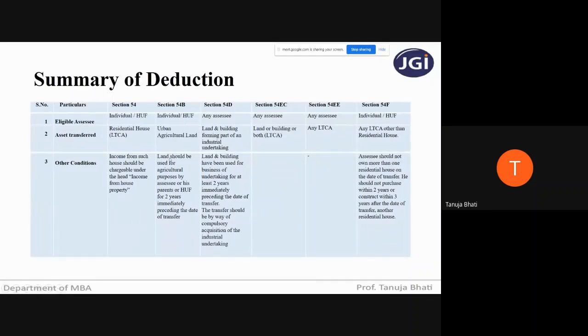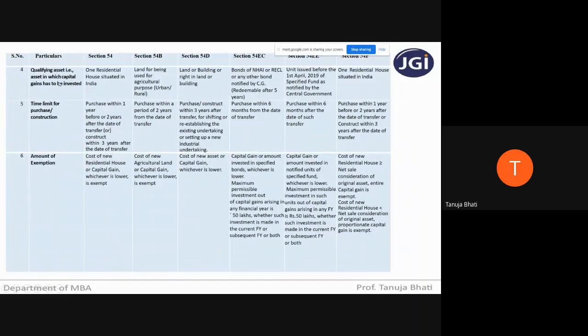A short summary I have written of all the deductions together: 54, 54B, D, EC, EE, F. Like who is eligible, what asset he is supposed to transfer, what are the other conditions he should fulfill, what is the qualifying asset, that is the long-term or short-term capital asset, in what he should actually invest to get the deduction, what is the time limit for purchase or construction, what is the amount of deduction he is supposed to get.